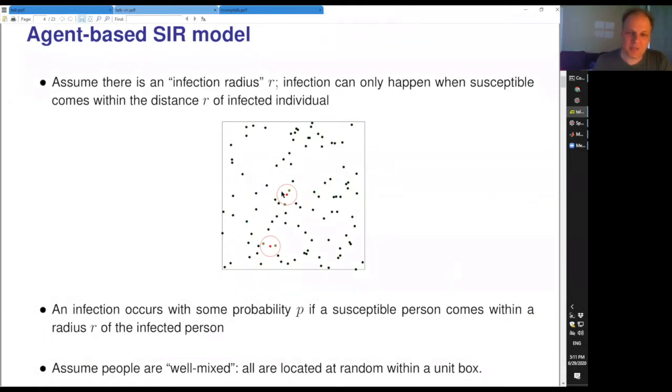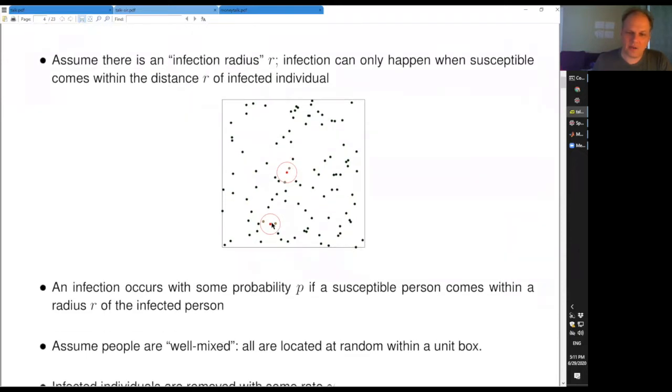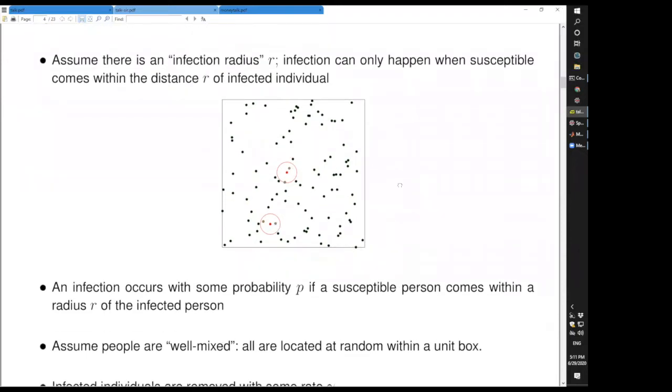We'll assume there's some infection radius R, so that an individual can be infected only when it goes inside this red circle. In this example, there are 2 infected individuals, and those 4 dots are the only dots that are going to become infected at the next time step.